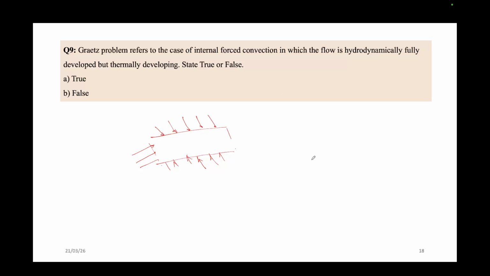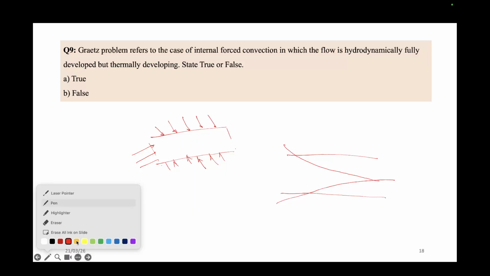In that case, if I draw the profile, this is your hydrodynamic profile. Now if you have to draw the thermal profile here, maybe it will start here.